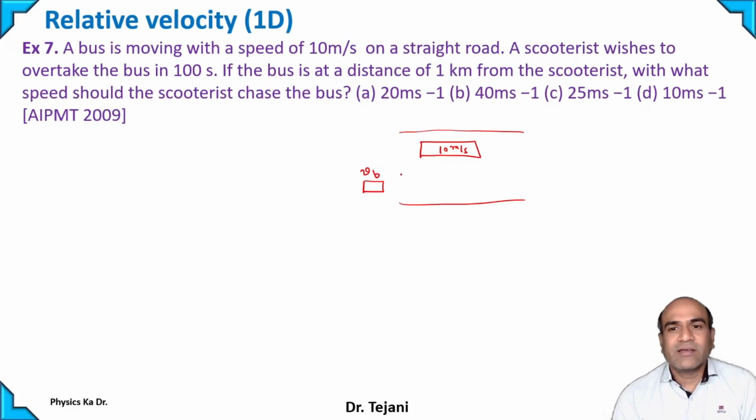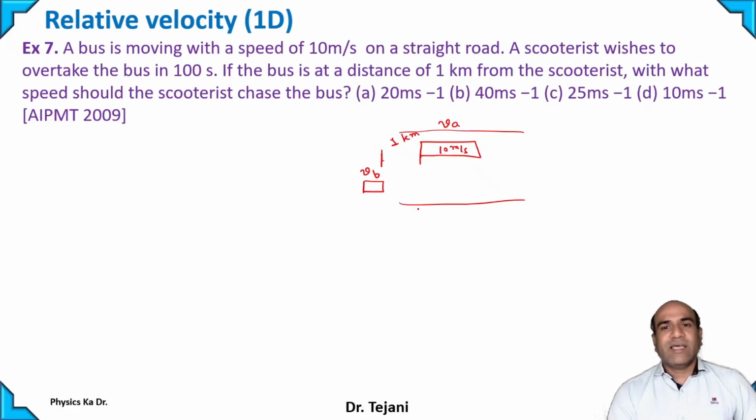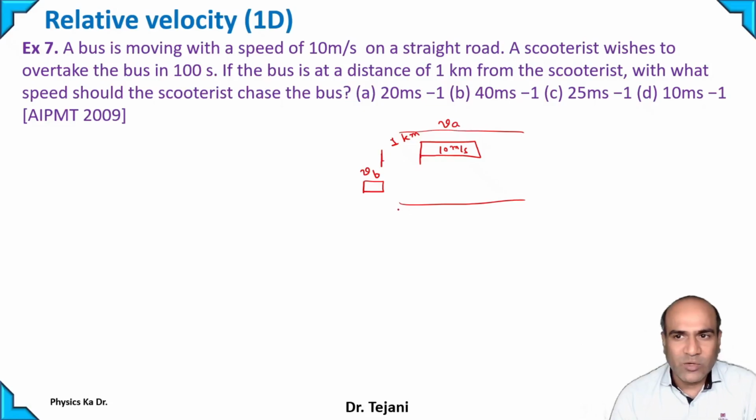That's VB, and this is VA of a bus, and the distance between these two is 1 kilometer. Distance between bus and the scooter is 1 kilometer.